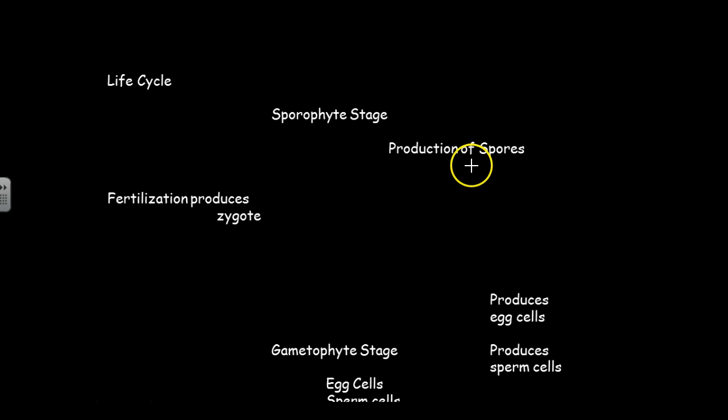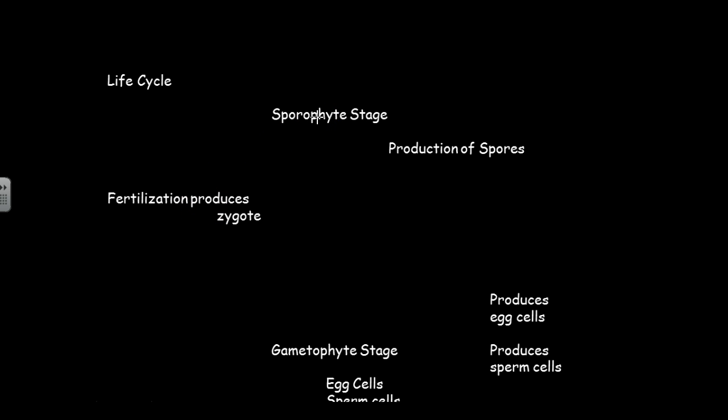And so what happens is that there are basically male and female types of spores, or cells, if you want to think of it that way. But what happens is that the two of those produce these male and female types of cells, and what happens is that they come together, and when they come together they're able to fertilize, which ends up making a zygote, and then that grows into the seed that you see, which eventually grows into the plant.